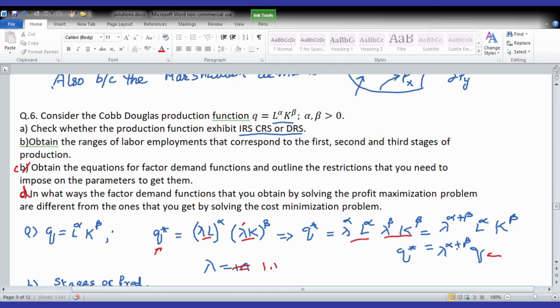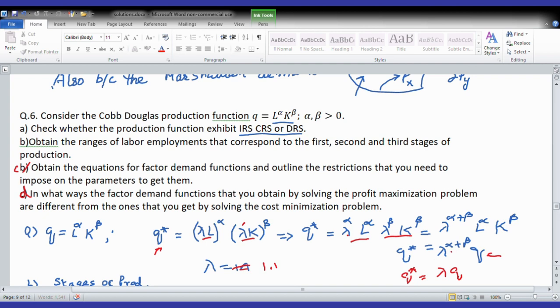Now if alpha plus beta is equal to 1, then we will have q star equal to lambda q, indicating that if all the factors of production are increasing by 10%, output is also increasing by 10%.